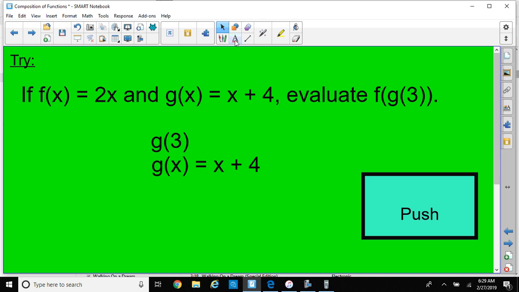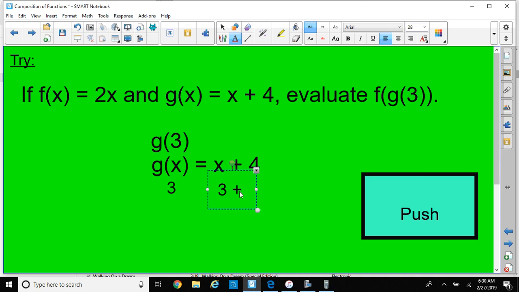So let's grab that g of 3, and let's grab the g of x function. Notice they replace the x with the value of 3. So I'm going to replace this x with a 3 as well, and then take the 3 and add it to the 4. That's all I'm doing, is replacing the x in the g function, g of x, with the 3.